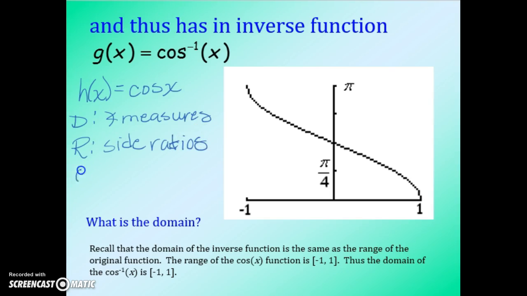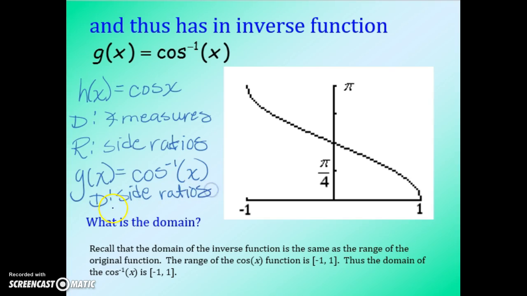So if we talk about g of x being the inverse of cosine, that's cosine inverse of x, and its domain is the range of cosine. So we're going to be putting side ratios into this function machine, and the range is going to be those original angle measures, because inverses undo each other. This maps us back to where we started.